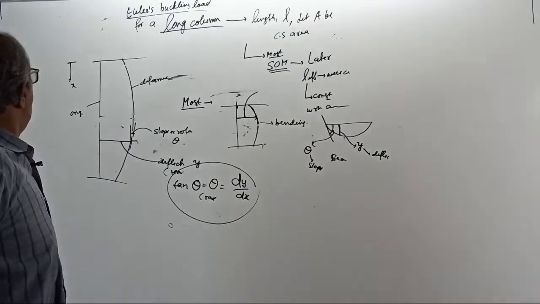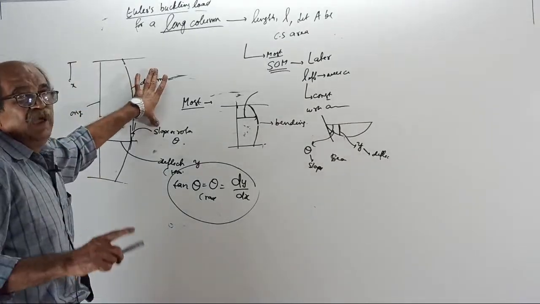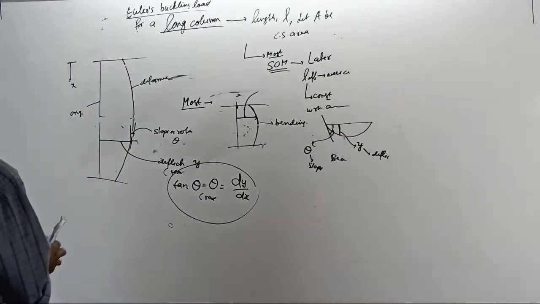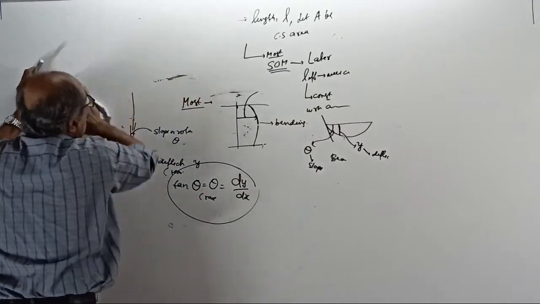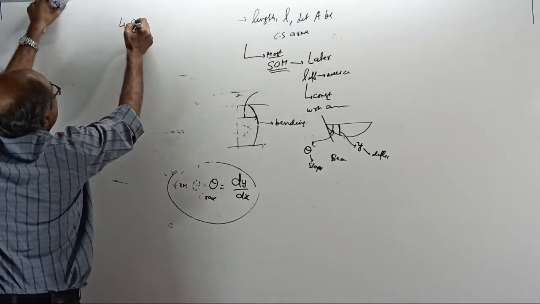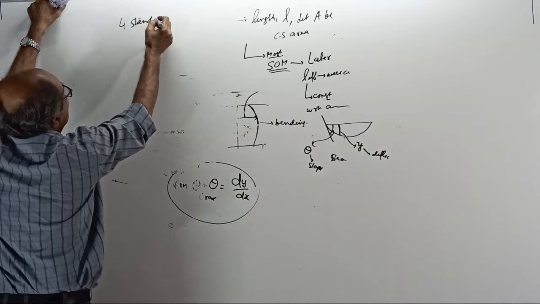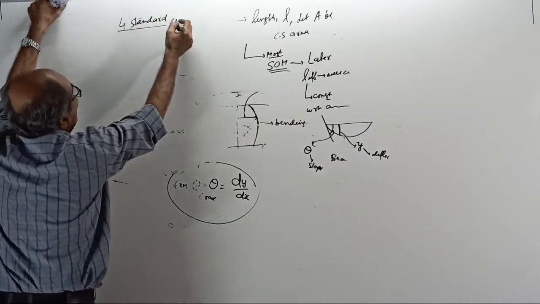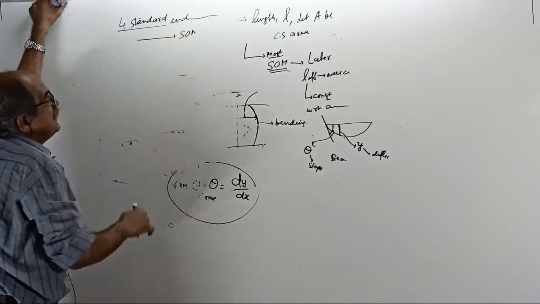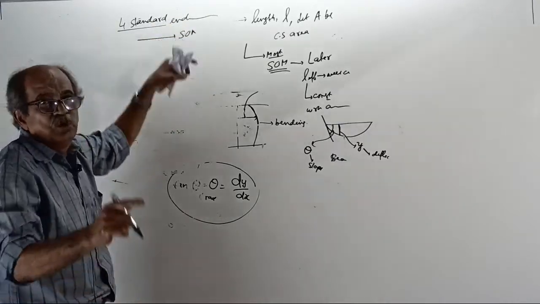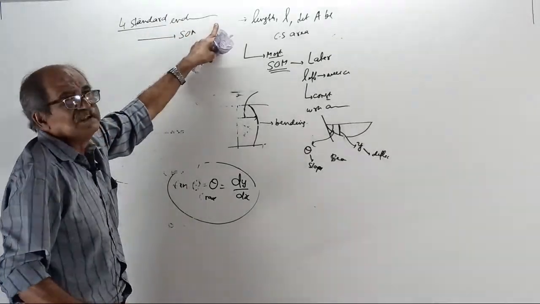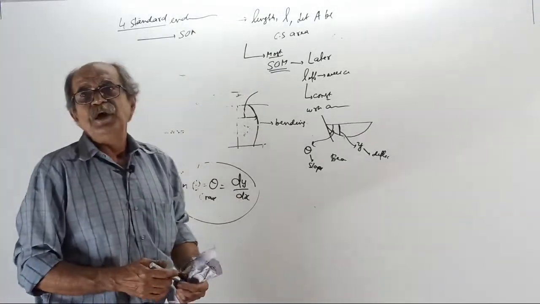Okay. Now, what I will do is go first. In strength of materials, we have to go for end conditions. Four standard end conditions are considered in strength of materials.